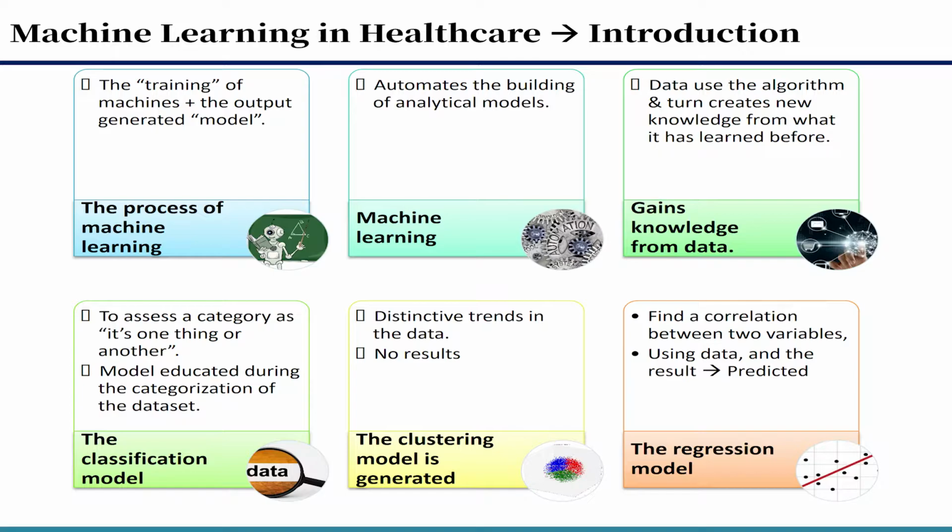And the third model is the regression model. The regression model is used to predict, based on existing data, what can happen. For example, under health insurance, in Korean government health insurance, we go yearly for a medical checkup that the government asks for.